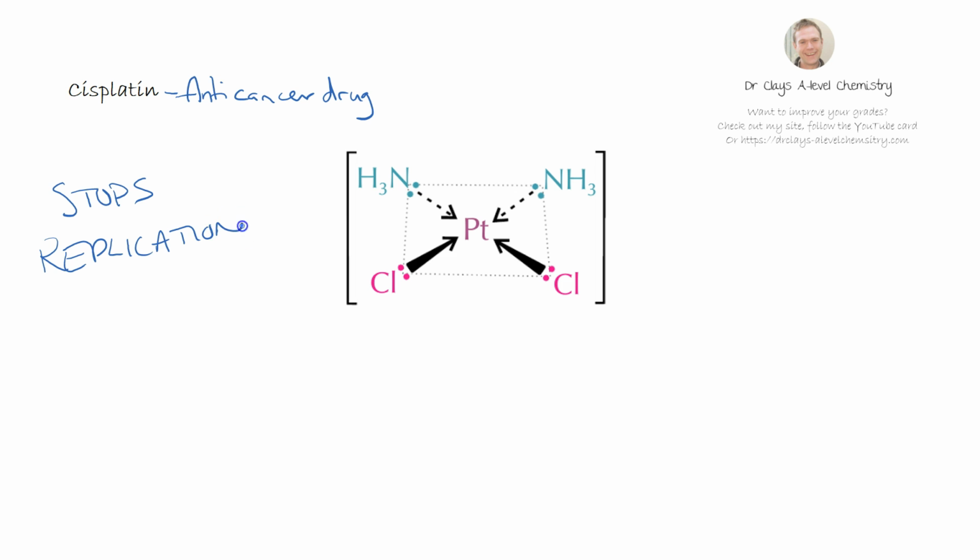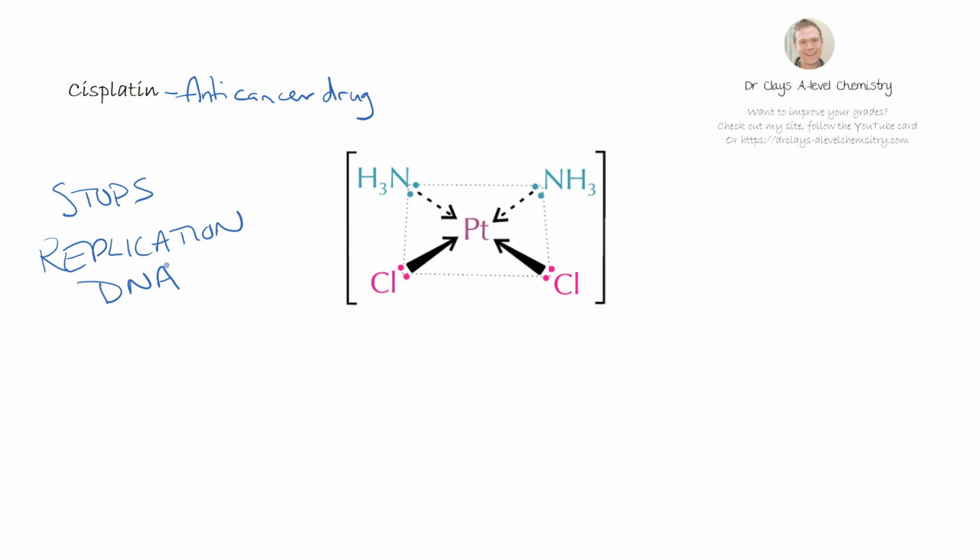We don't need to know about the replication at all for this course, other than to say that the DNA molecule opens up and then it's copied. That's part of the biology course, but what we're keenly interested in is how it interferes with that DNA replication and stops DNA chains from linking together.